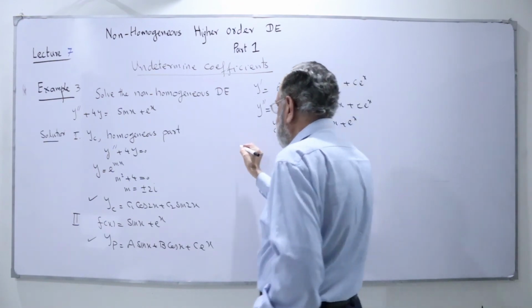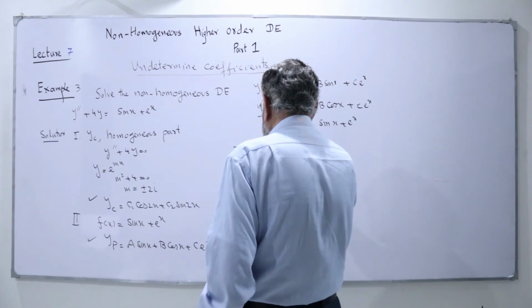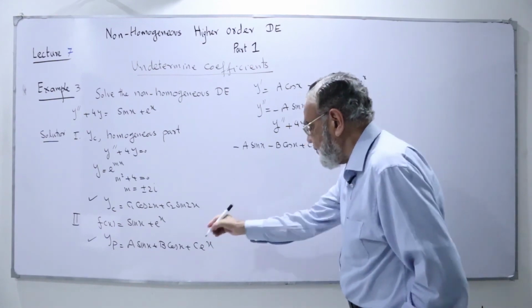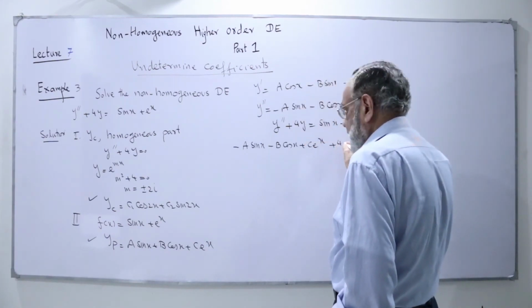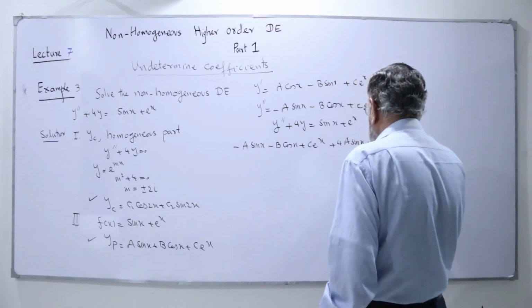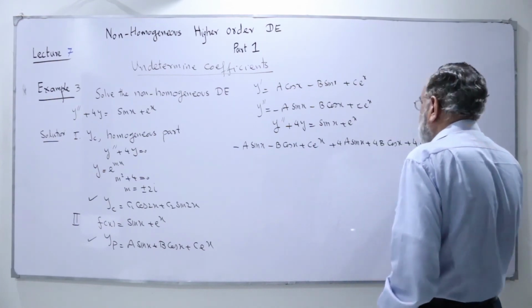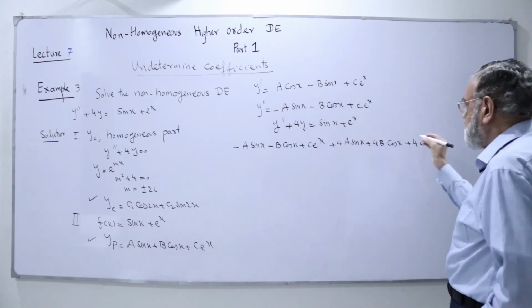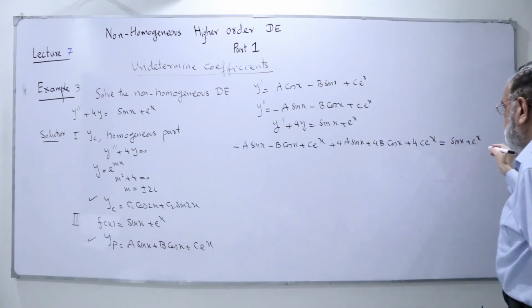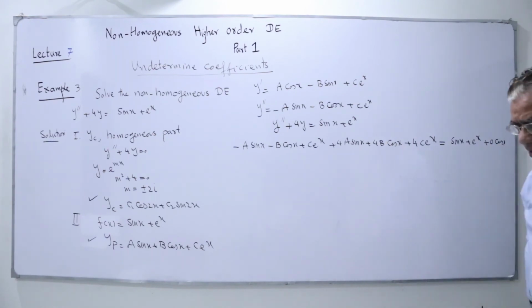Now substituting, y double dash is minus a sine x minus b cosine x plus c e to power x, plus 4y, multiplying by 4: 4a sine x plus 4b cosine x plus 4c e to power x, is equal to our right hand side, sine x plus e to power x. The coefficient of sine x is 1, and I put 0 multiplied by cosine x because I have cosine x on the left hand side.